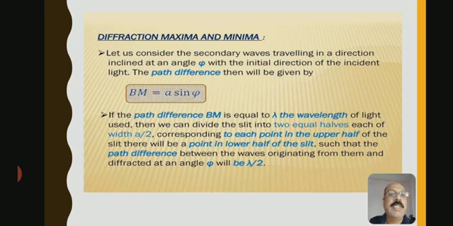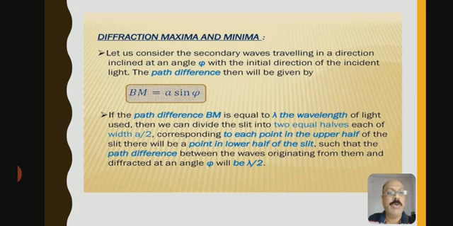Okay. Now, diffraction maxima and minima. Let us consider the secondary waves traveling in a direction inclined at an angle phi with the initial direction of the incident light. The path difference then will be given by Bm is equal to a sin phi. If the path difference Bm is equal to lambda, that is the wavelength of the light used, then we can divide the slit into two equal halves, each of width a by 2.